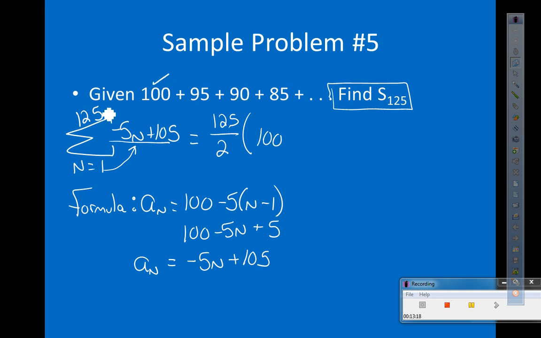And then let me plug in 125. 125 times negative 5 plus 105 is negative 520. So I hit some negative numbers. If you run that through your calculator correctly, negative 26,250 will be your answer.